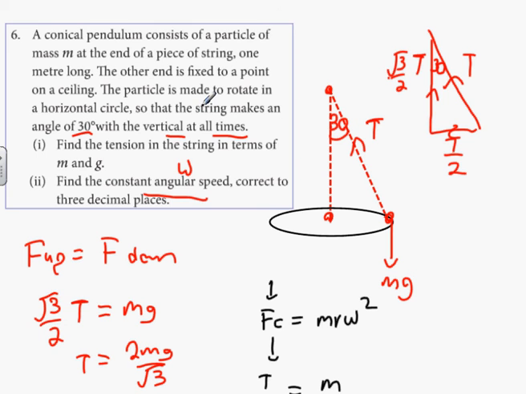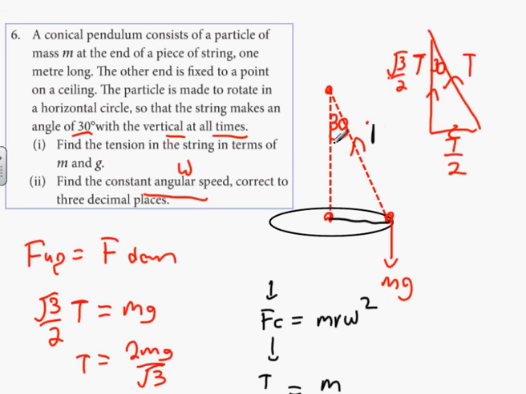Okay, so we have no idea what R is just yet. So m omega squared r equals T over 2. So there's got to be information here somewhere. The string's 1 meter long.